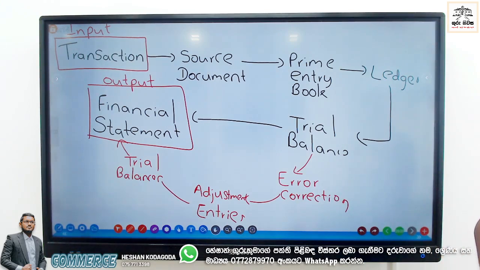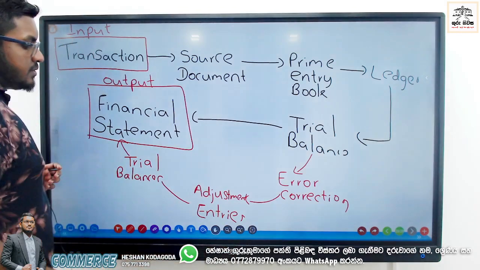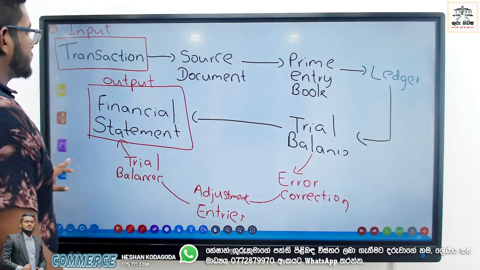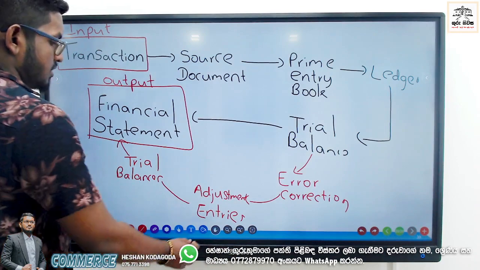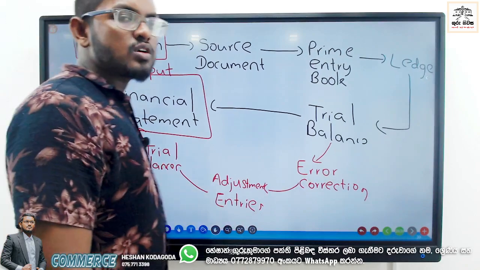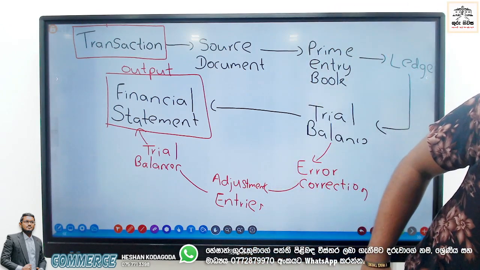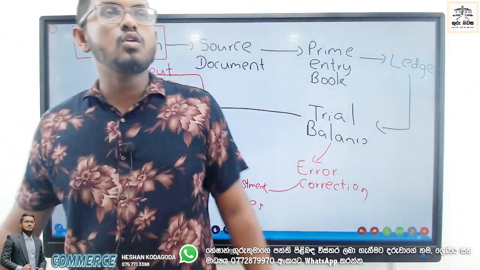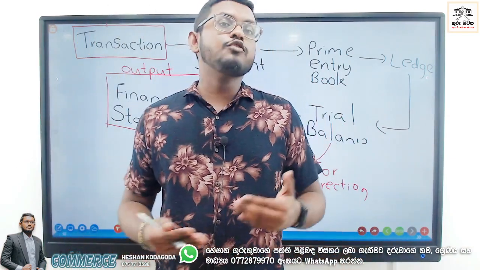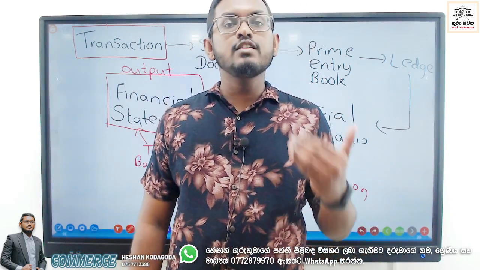Now, other than this, what I want to tell you: this is the accounting process, and you can find the inputs and output. You know the definition of accounting: accounting is a process of providing required information to stakeholders for their decision making. How do we provide this information?